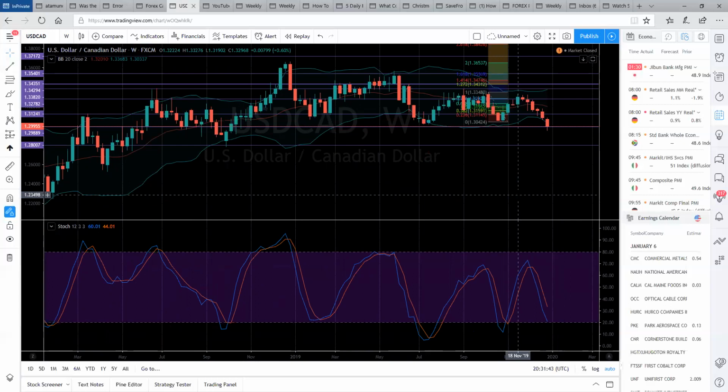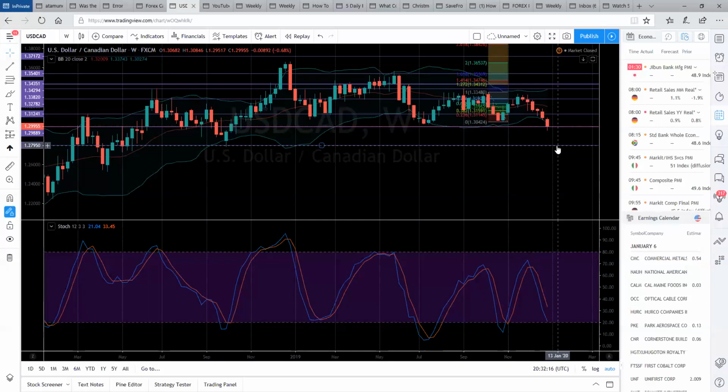I'm looking forward to a retracement up to 1.3045. Our close is at 1.2995. We'll retrace a bit to that 1.3045 and continue lower.